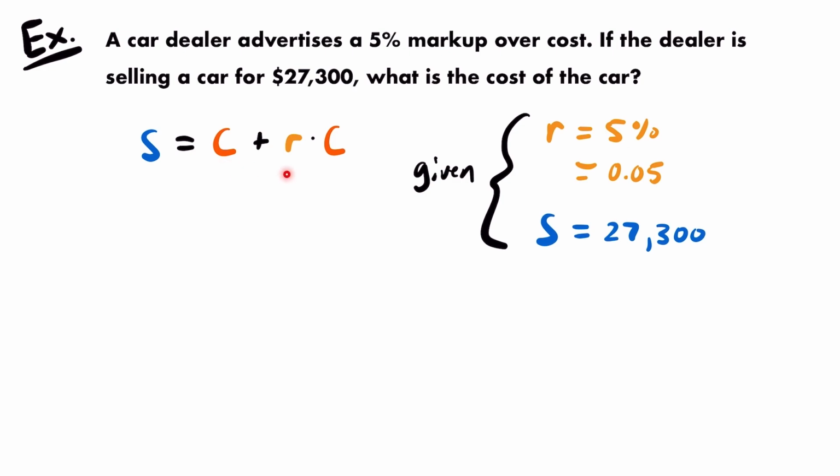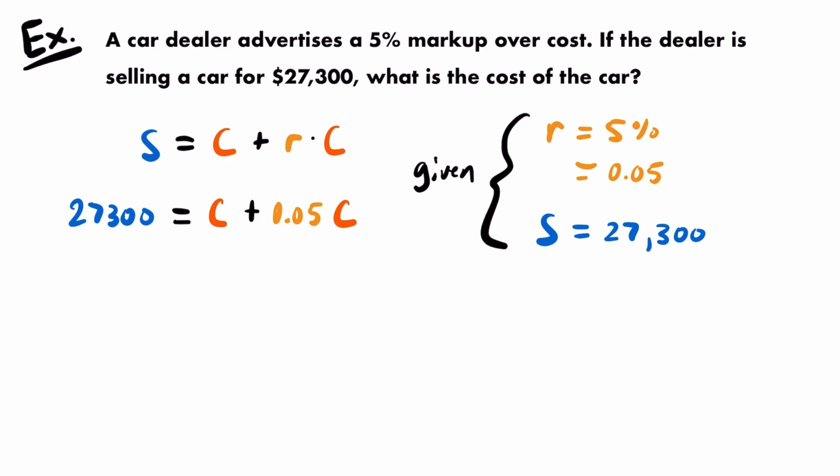That would be the only variable left in the equation. So let's do this. We'll have 27,300 as the selling price, and that will be equal to the cost that we don't know, plus the markup rate, which is 5% or 0.05 as a decimal, times the cost C. Again, we don't know what that is.